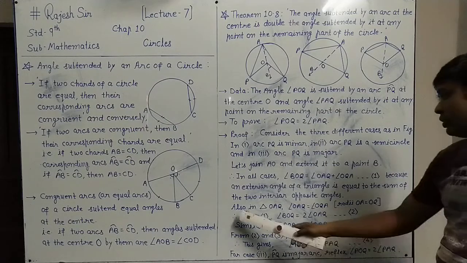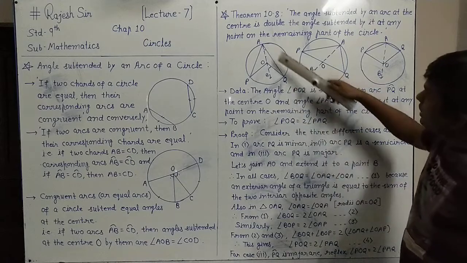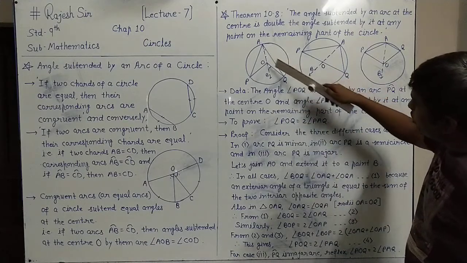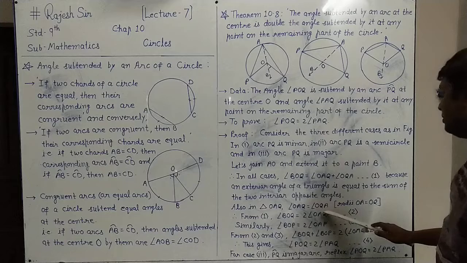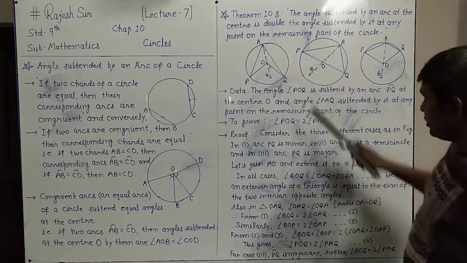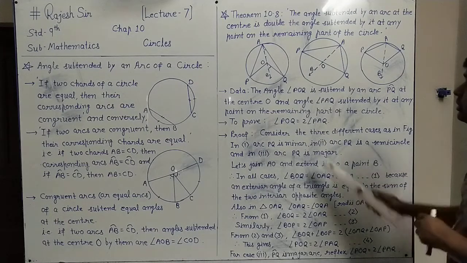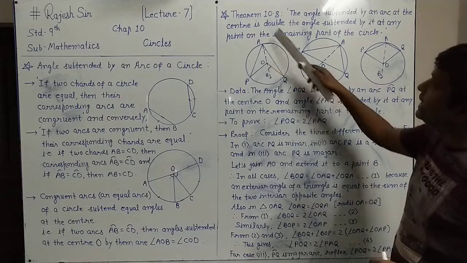Next, also in triangle OAQ, angle OAQ and angle OQA are equal. Why? Because their opposite sides are equal. OA and OQ are equal. Why are OA and OQ equal? Because OA and OQ are radii of the same circle.